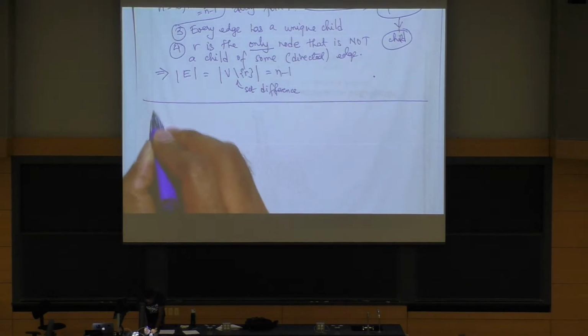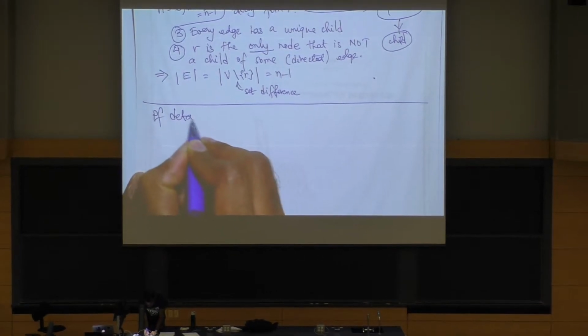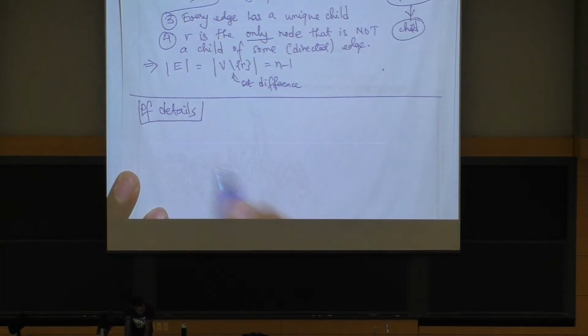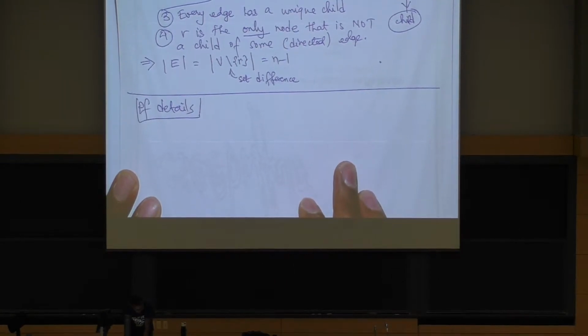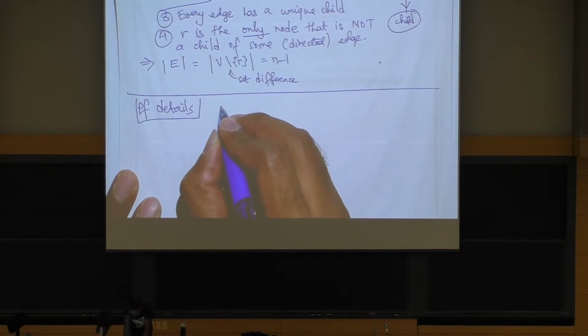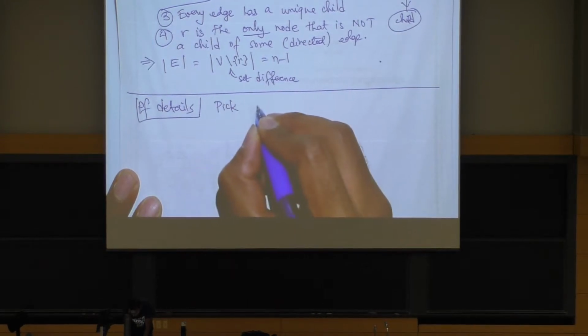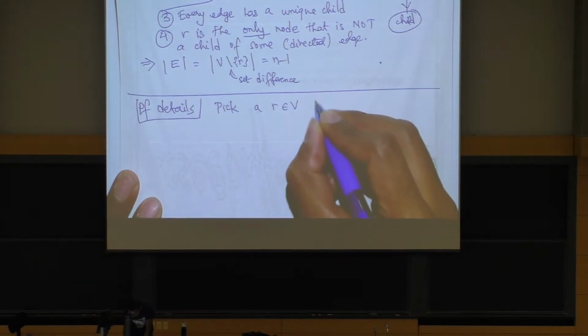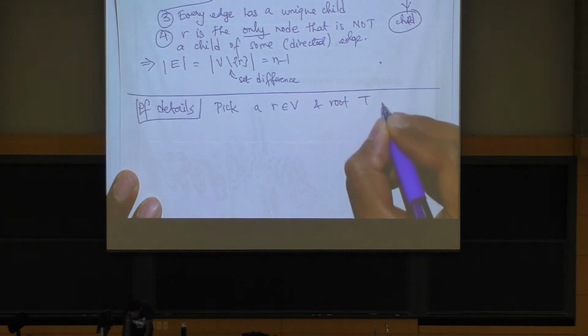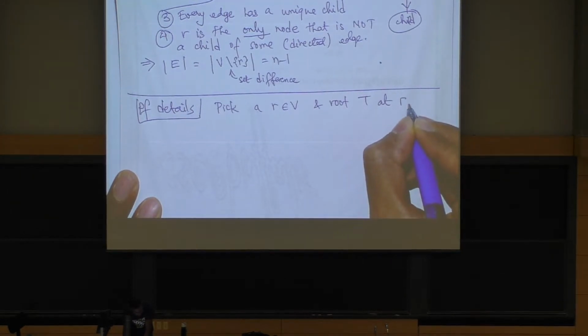Okay. So let's write the details. So as before, we're going to pick a vertex R in V and root T at R.